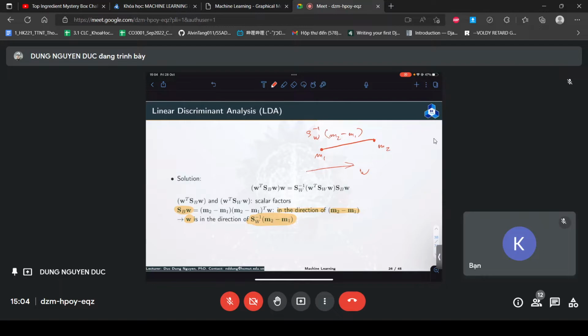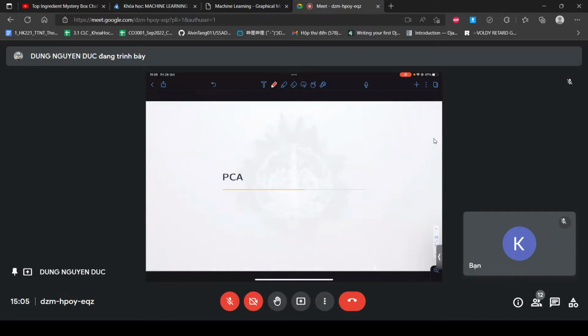All you have to remember is the direction. So you can normalize W if you want to, or you may turn W into some shorter or easier to read form, whatever. I only care about the direction. And you can project your data onto W just like that.